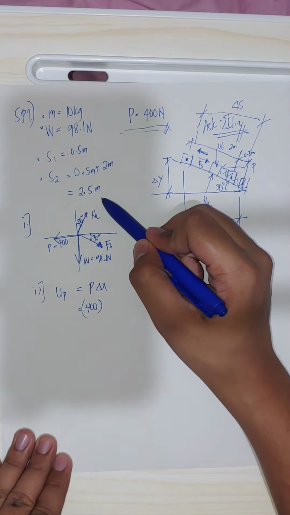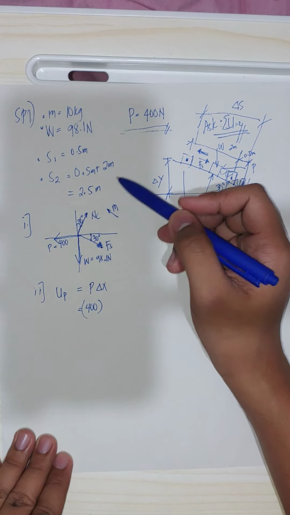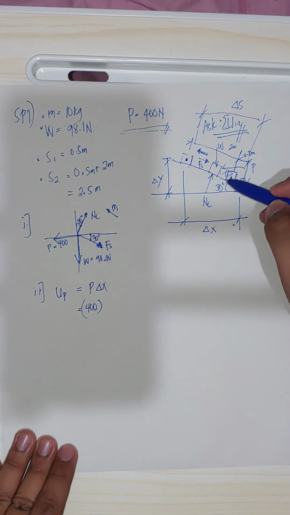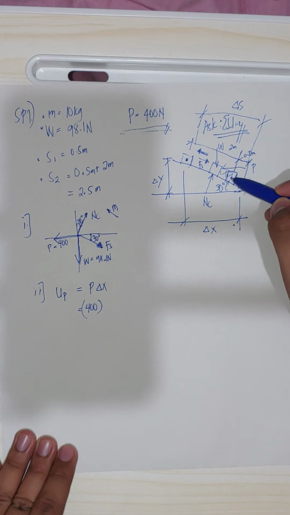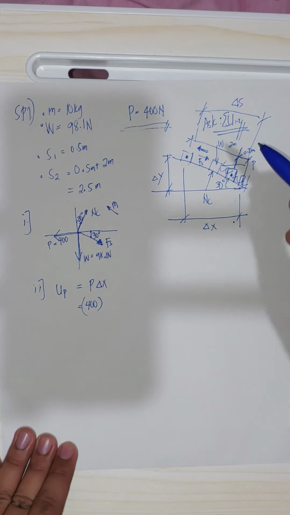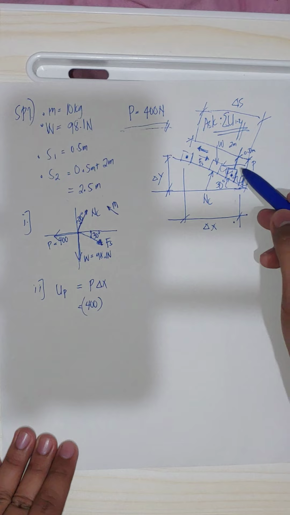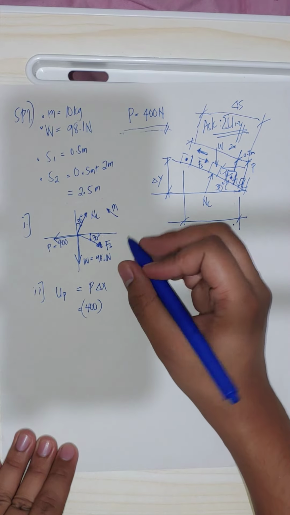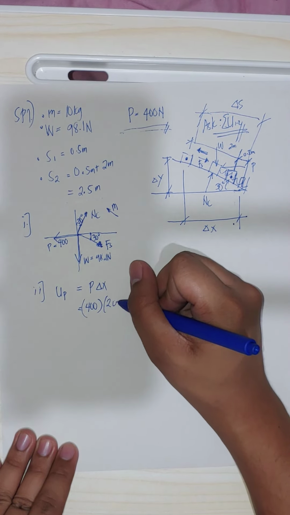This displacement is for the spring. Before the load was applied it was already at 0.5. So let's say this is our starting position. So the delta X from force P is 2 meters, and then what else?